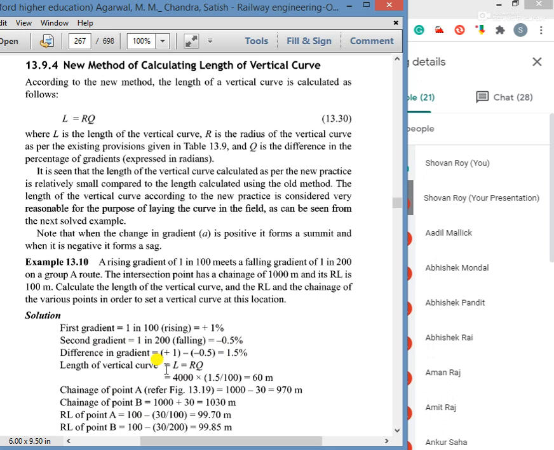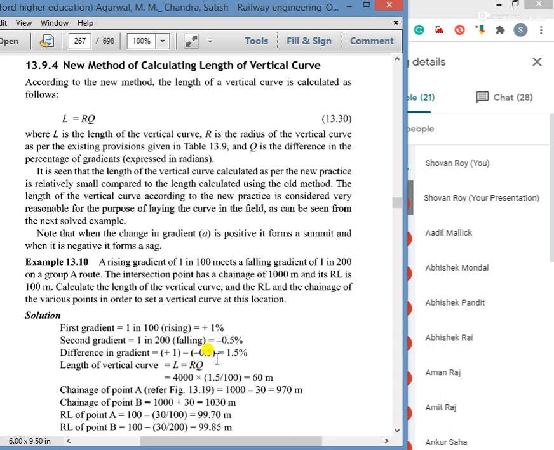The formula for the length of the vertical curve is L equals R times Q. The R value, the radius of the vertical curve, is always 4000.